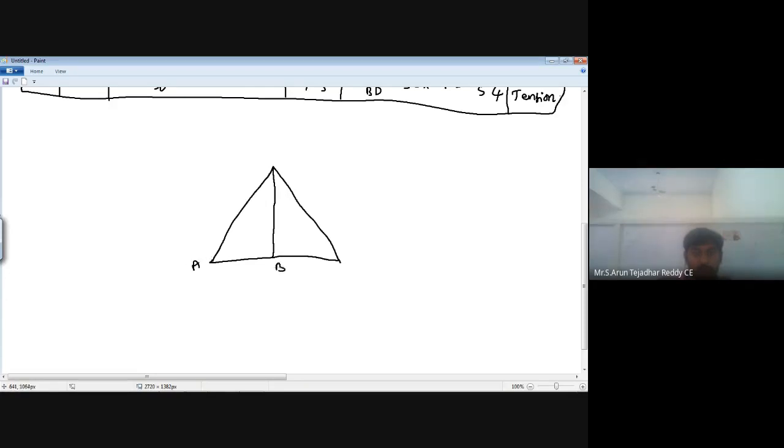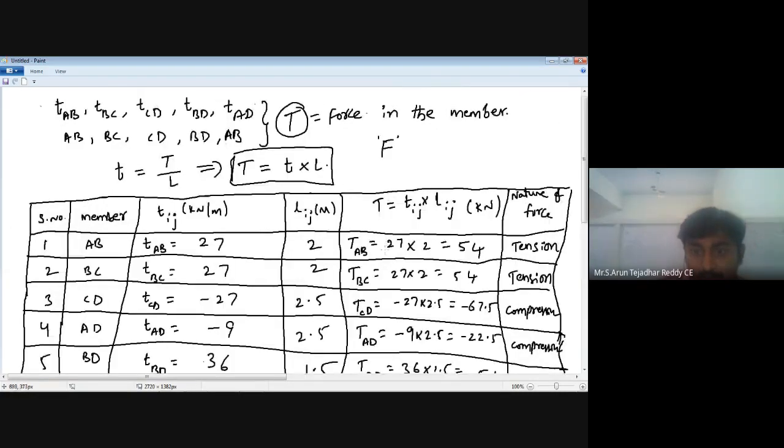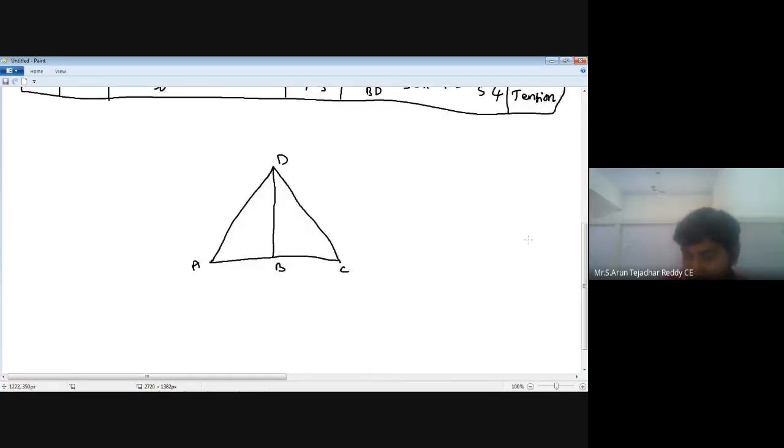A, B, C, D. And see here, TAB 54, that is tension. So these are the directions of tension and compression.